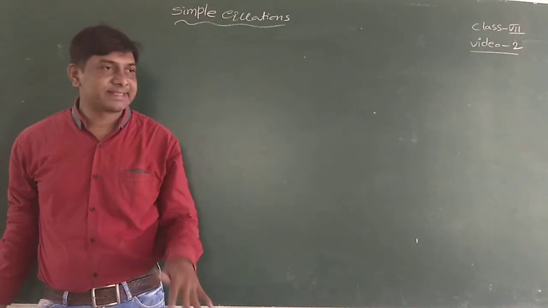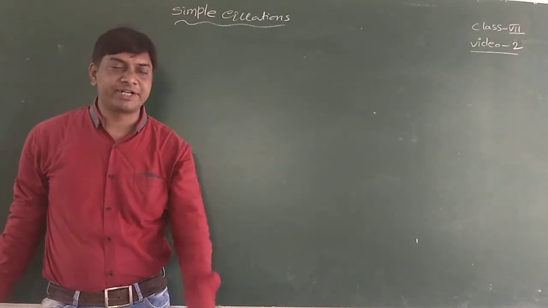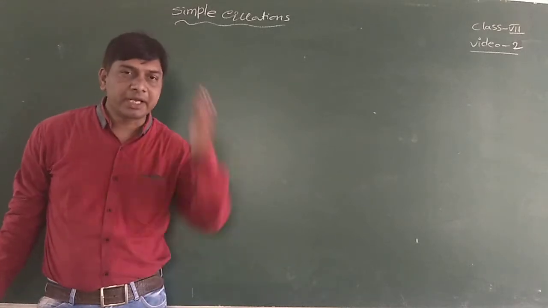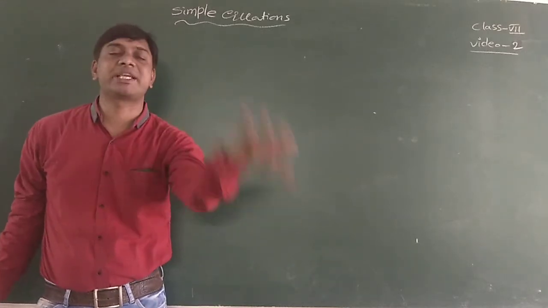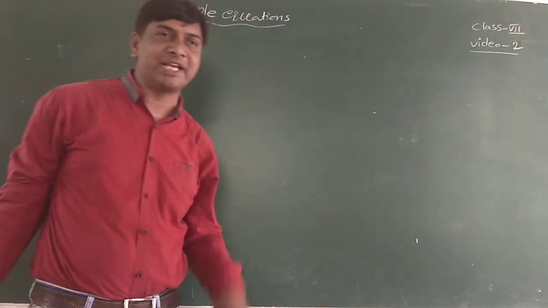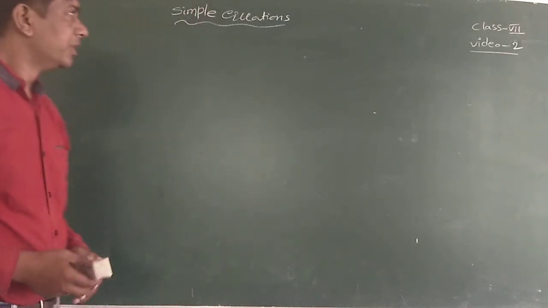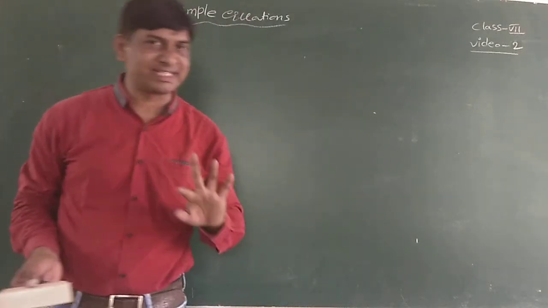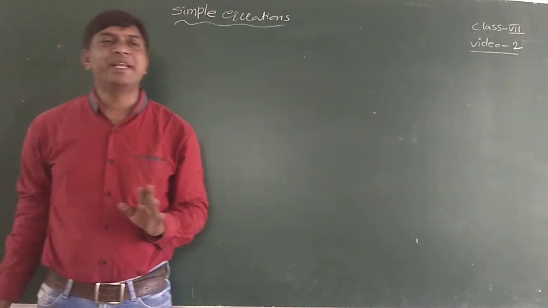In the last class we learned what an equation is, what a linear equation is, and what a simple equation is. We also learned the general form, the standard form, of the simple equation. Simple equations and simple linear equations are the same.